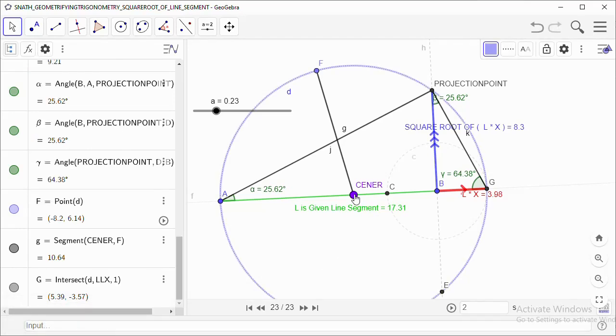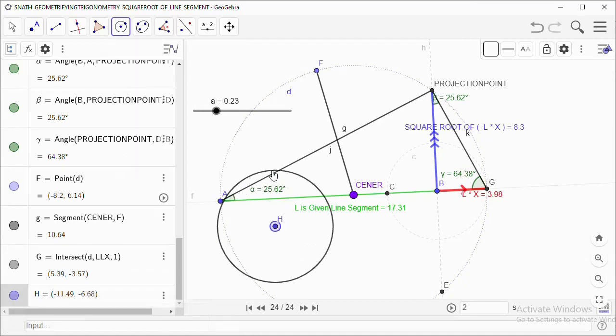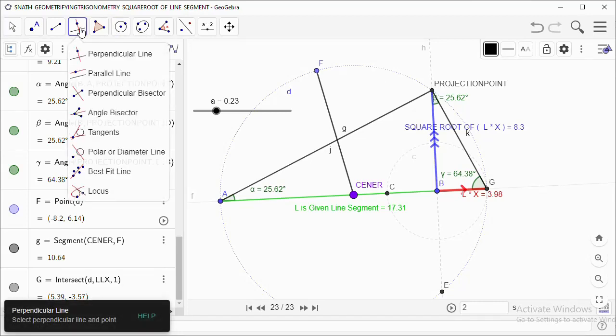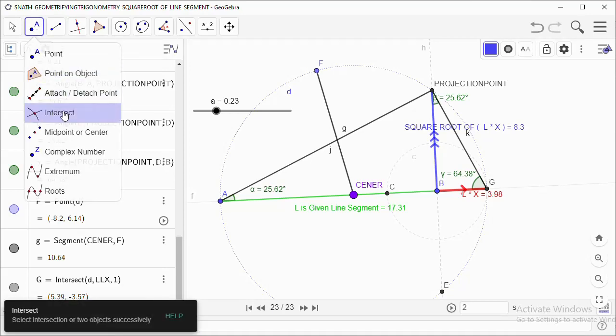Now from this midpoint, taking this as the center and this point as the end point, we can draw a circle, with the center and radius, or the center and through point. From that circle we can project the perpendicular to this line, and where it cuts, we get the intersection point through this toolbar, or as per the school geometry construction rules.